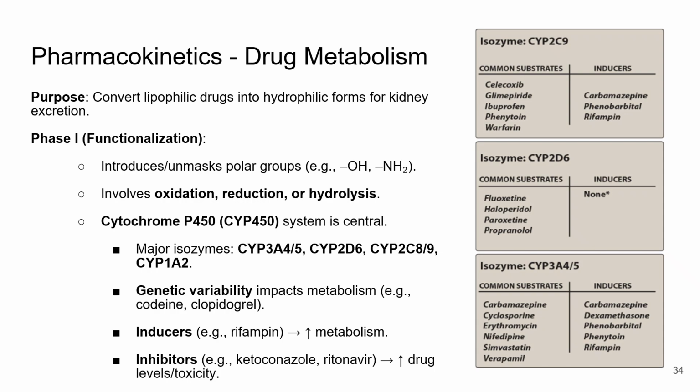Inhibitors like ketoconazole or ritonavir slow metabolism, so that can increase drug levels and the risk of toxicity. And this mostly comes into effect when two medications are combined. But you will want to be aware that certain drugs will have warnings that they are either inducers or inhibitors and understand what that means. So phase 1 metabolism is a major source of drug variability and interactions when we use one medication or multiple medications.